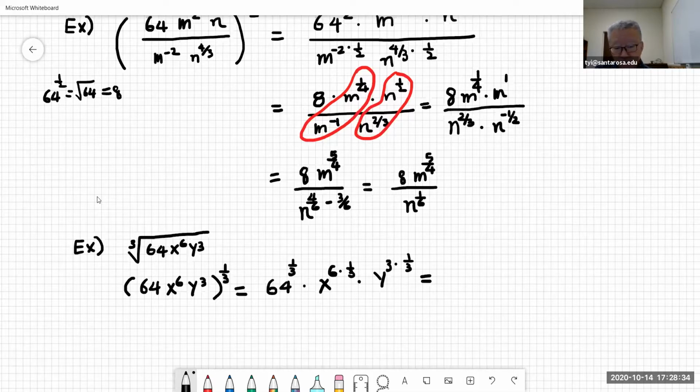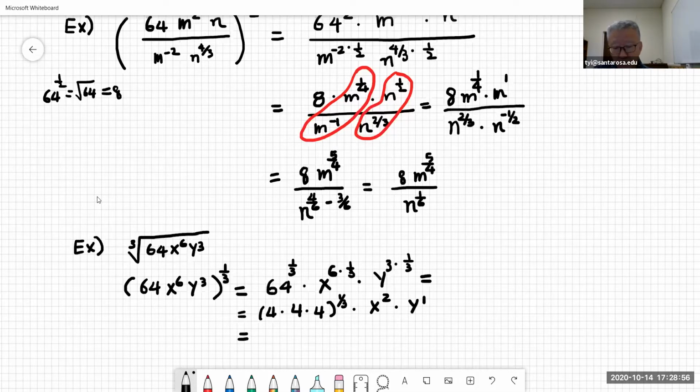If you look at the 64 to the 1/3, you can rewrite it as what? 4 times 4 times 4, to the 1/3. Over here, 6 times 1/3, you get 2, so x squared. And y, 3 times 1/3, you get 1.